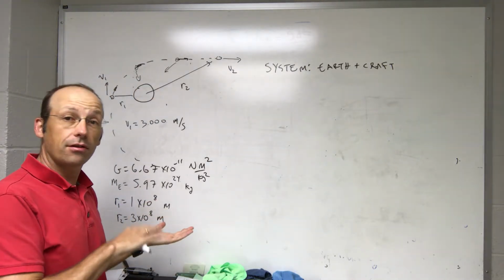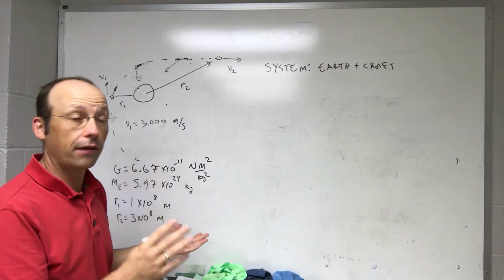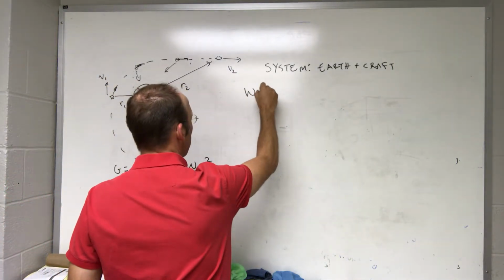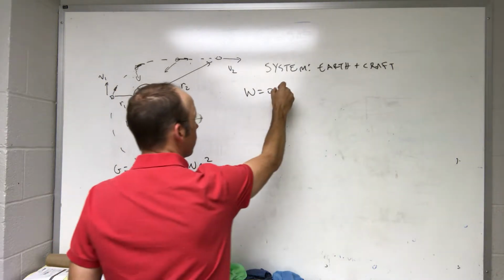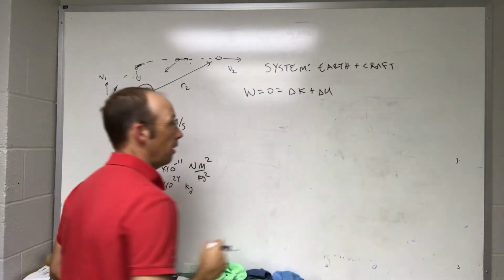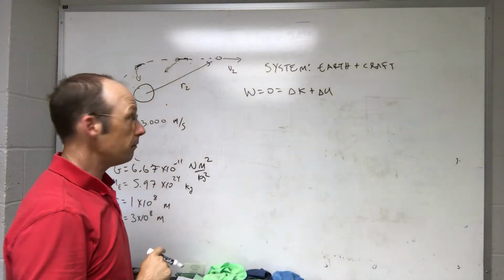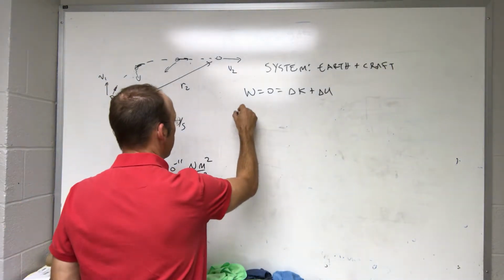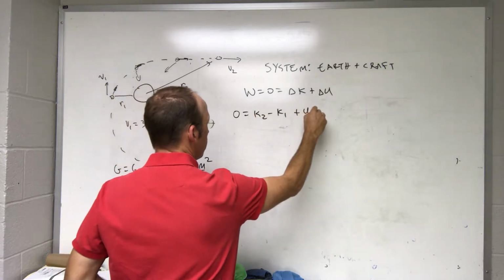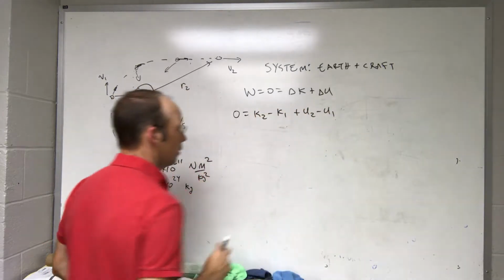But that means that since I have both the Earth and the spacecraft, I can have a gravitational potential energy. So I can say work is 0, and it's equal to the change in kinetic energy plus the change in gravitational potential energy.